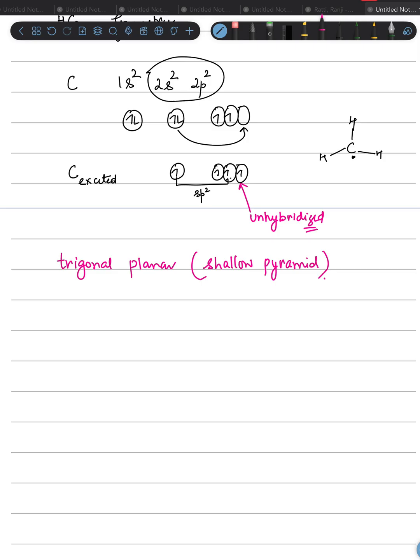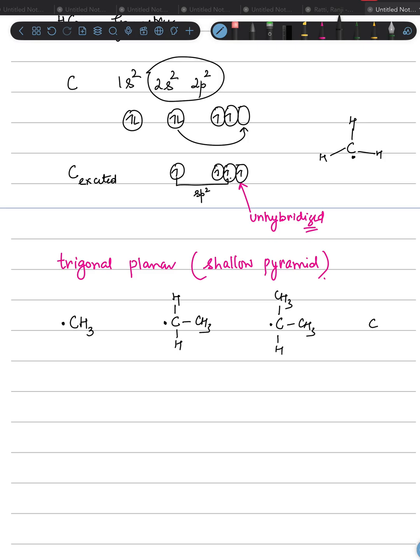Now, since we know about their geometry, we will talk about the stability of various free radicals. Like if I need to compare the stability of the methyl free radical with another primary free radical, right? A secondary free radical, right?